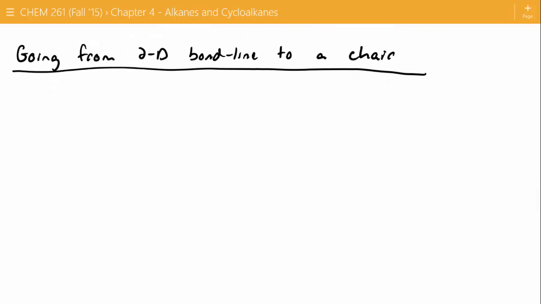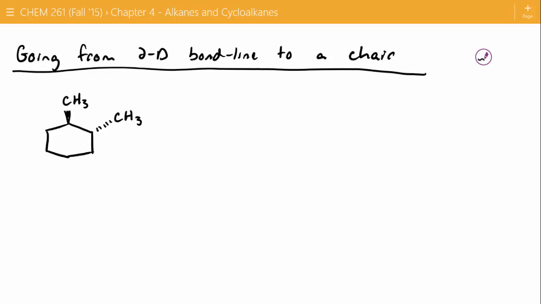So let's think about cyclohexane, and I'm going to give us an example. This is our 2D structure. One methyl group I'm going to draw sticking up, so it's a wedge. The other one is going to be sticking down, so that's a dash. All right, so that's our two-dimensional head-on view.